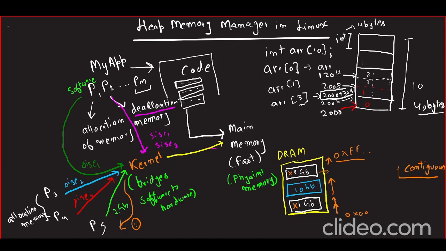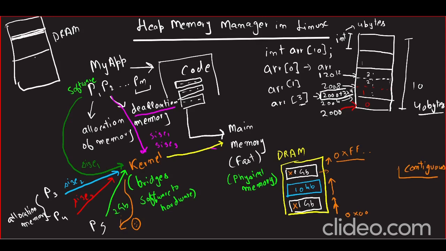But if we follow this contiguous manner, then it may happen at some time that we have a lot of space. This is our DRAM. Actually, we should say main memory, not DRAM only. Then it may happen that suppose this space is allocated, right?